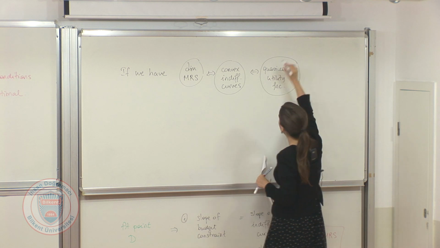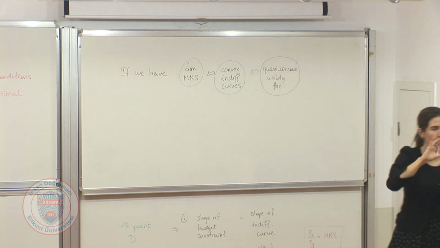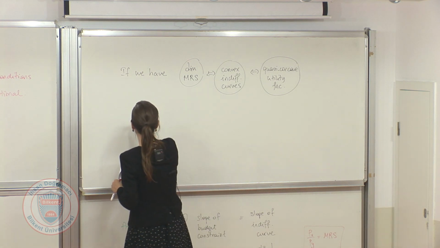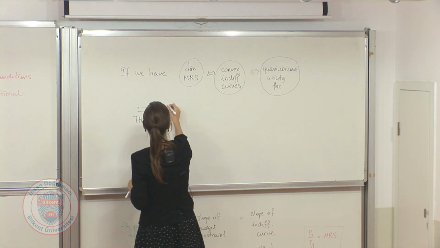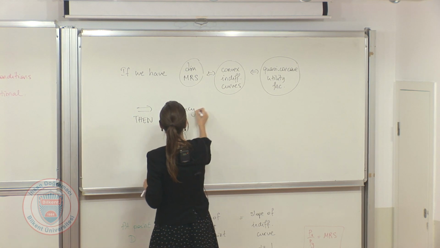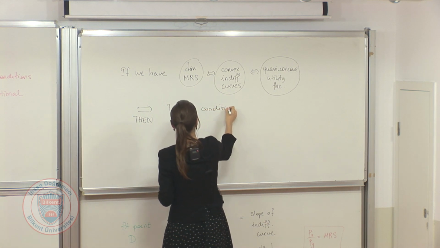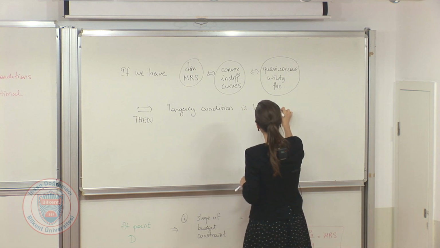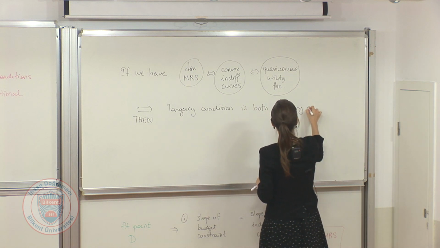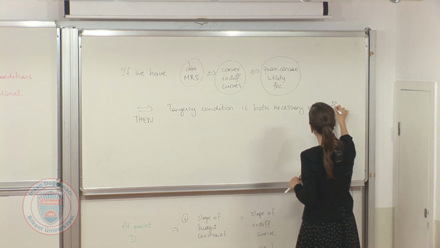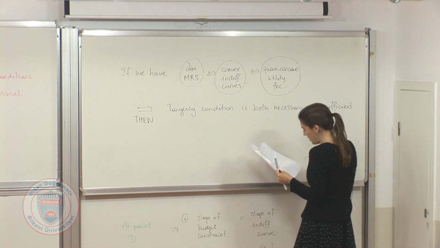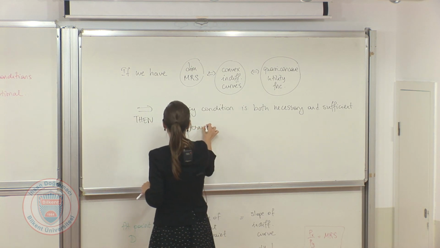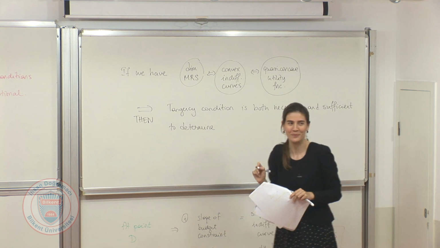Okay, so if we have these, remember they were all equivalent, one of them, then we actually say this tangency condition is both necessary and sufficient to determine, remember how we were reading this, right?